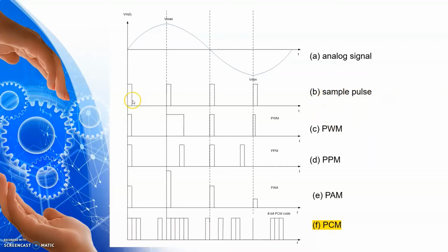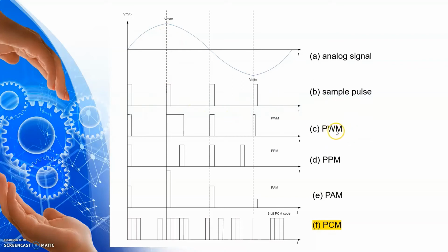The analog signal will be sampled at specific times. For example, at T1 it will take a sample here, at T2 a sample here, at T3, and so on.